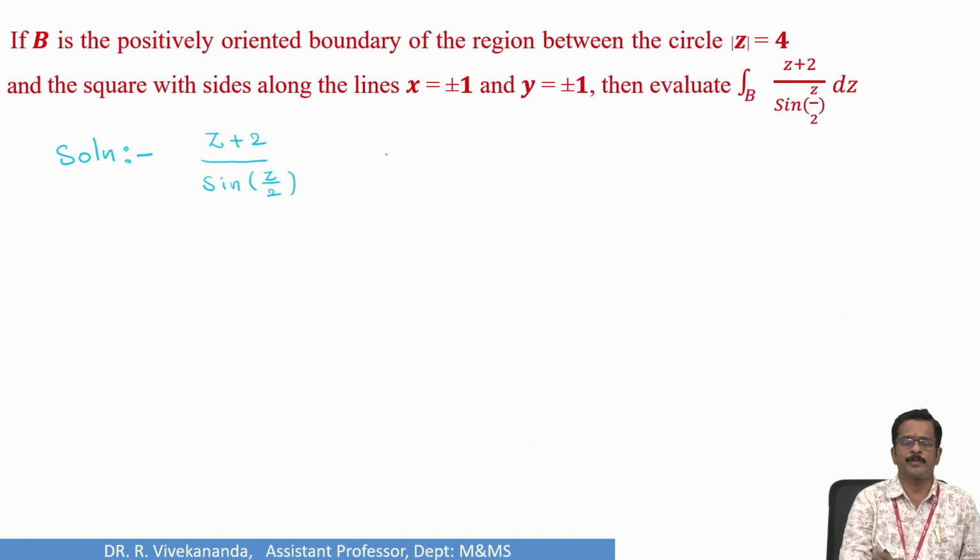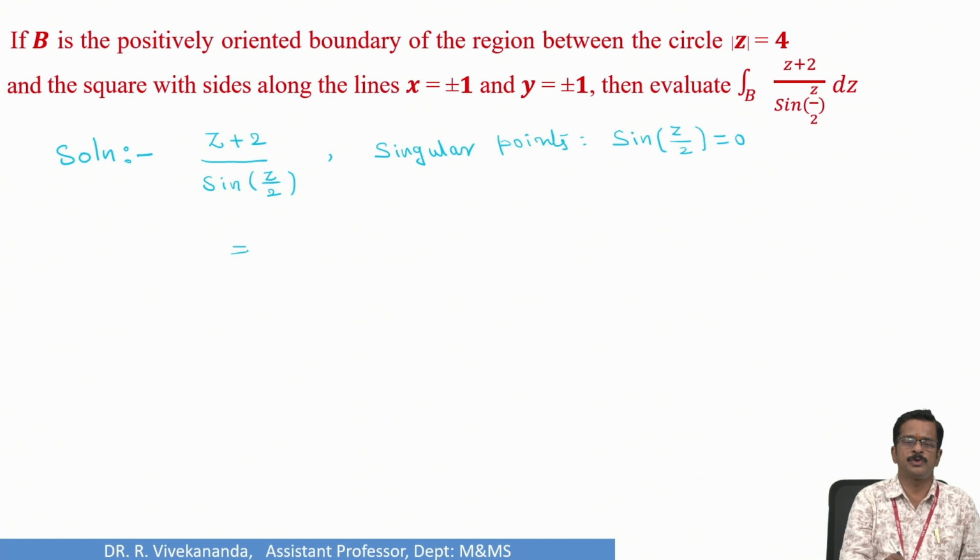Singular points are where the function ceases its differentiability, meaning when the denominator is 0, the function is undefined. So I am evaluating the singular points by equating sine of z by 2 equal to 0.